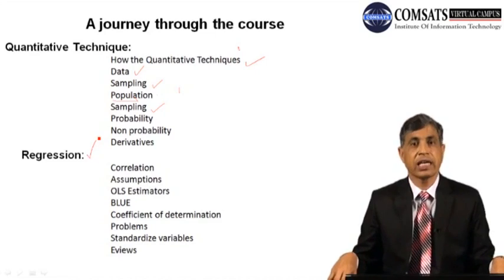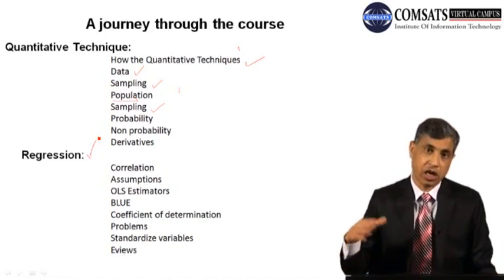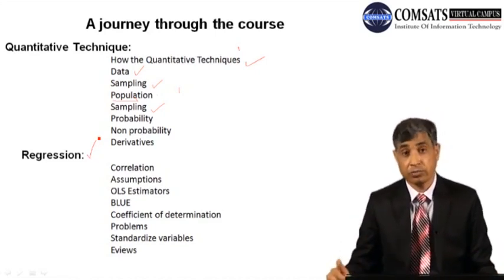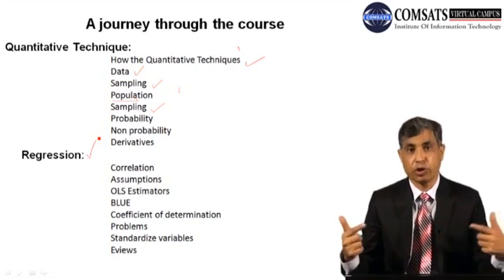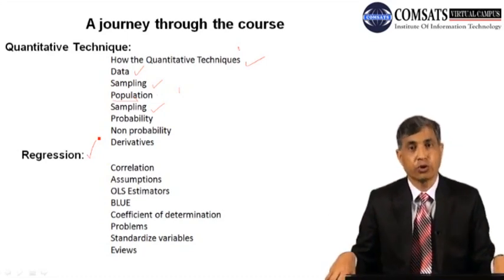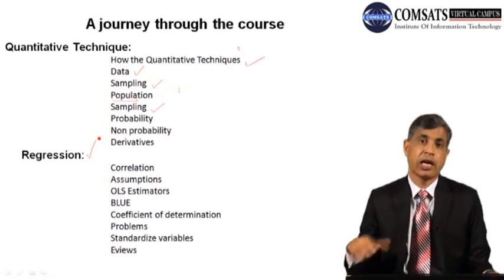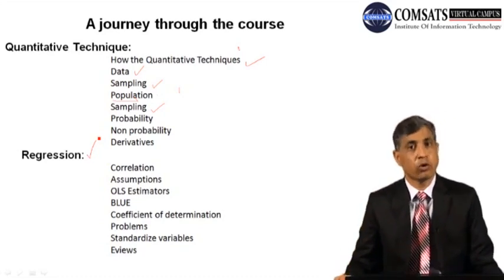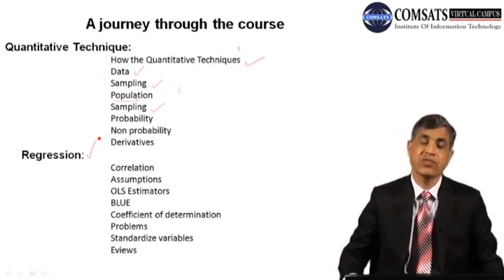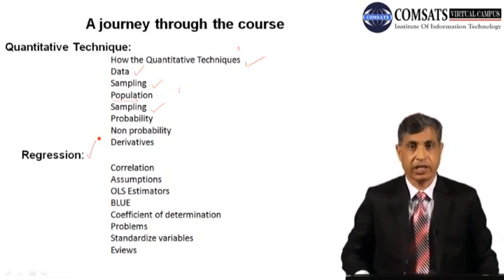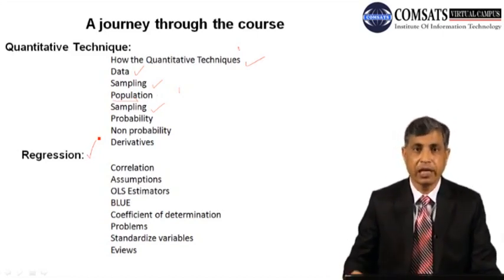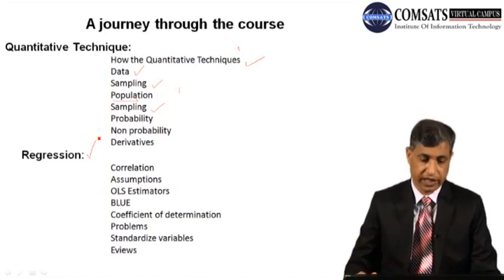Another assumption was that the error term variance is constant over time. Others were that there should be no multicollinearity, no specification bias, and no autocorrelation. These were some of the assumptions of the classical linear regression model on which we built our theory.